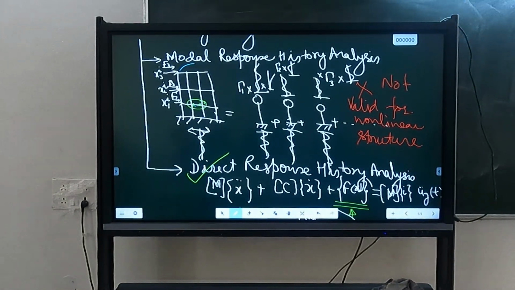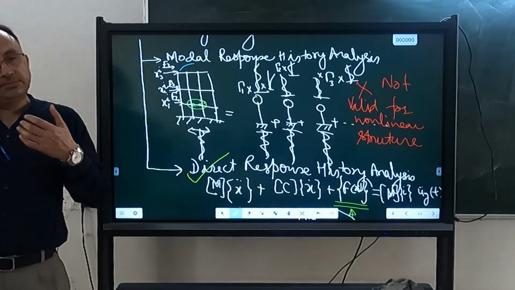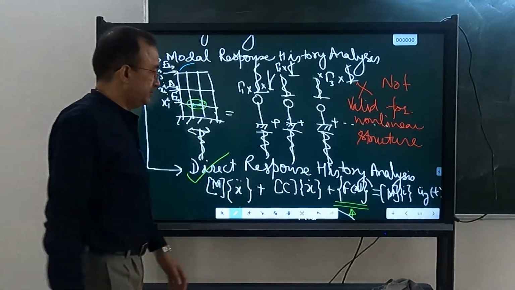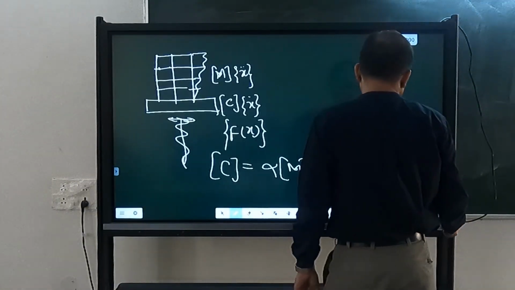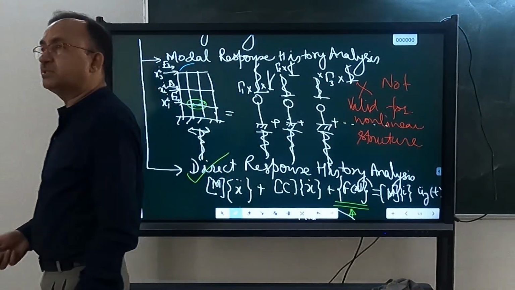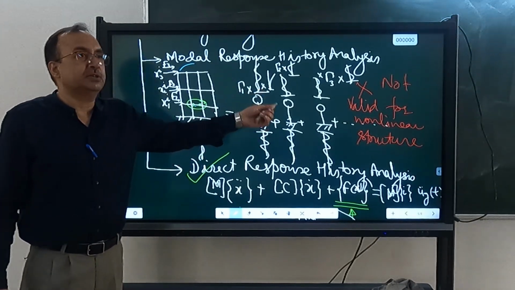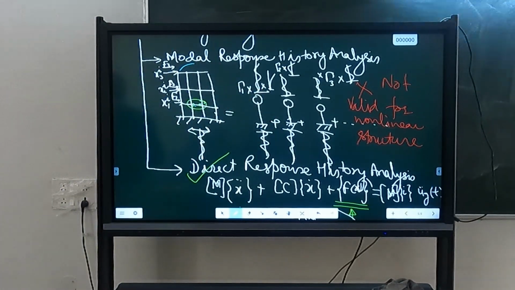But as I told you earlier also, although theoretically it is not valid, people have tried, and when they have tried it, they call it because it is much faster. Do you agree? It will be faster. We are solving the same equation, but this method of solving equation is faster. Why? Analysis of single degree freedom system is much faster as compared to multi-degree.